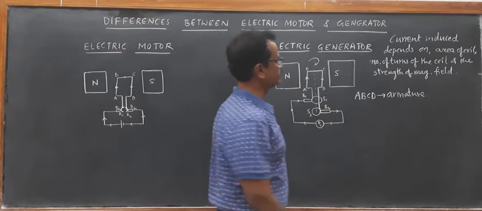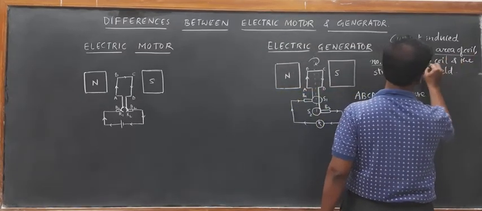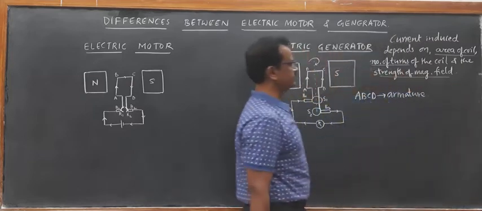These are the three factors on which the current induced depends: number of turns, area of the coil, and strength of the magnetic field.